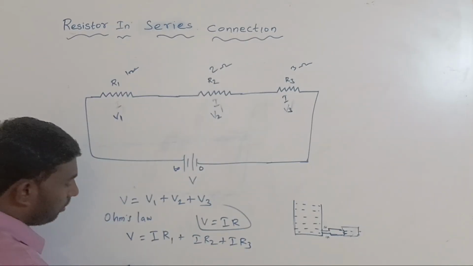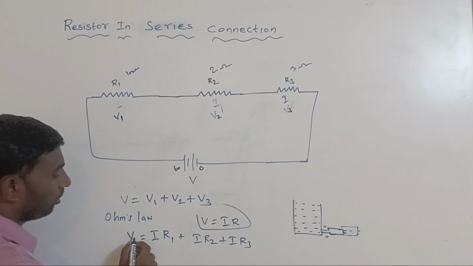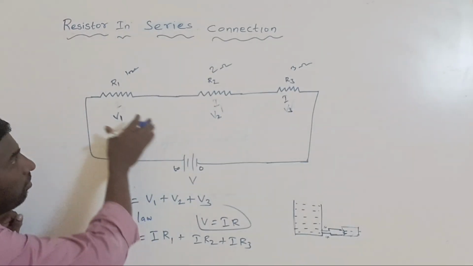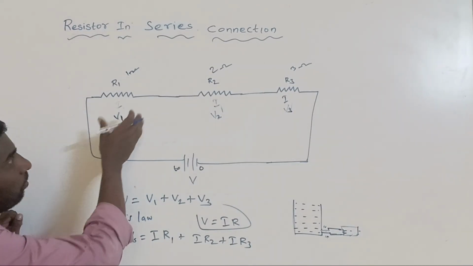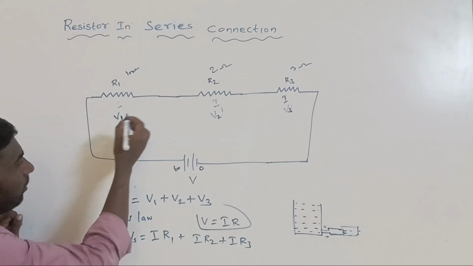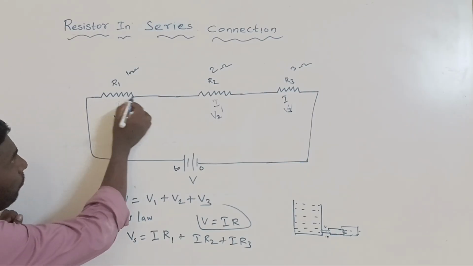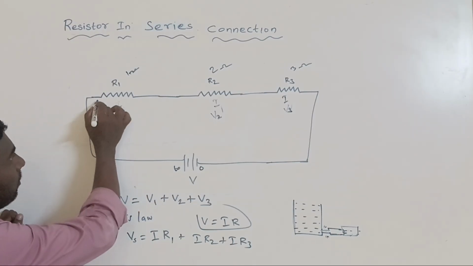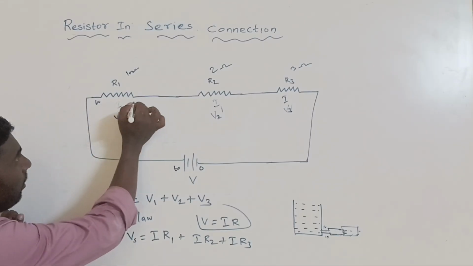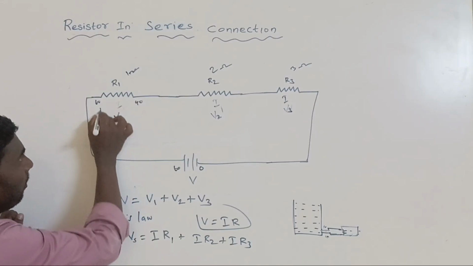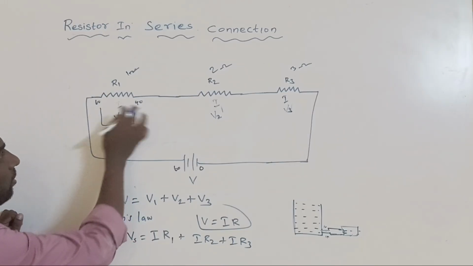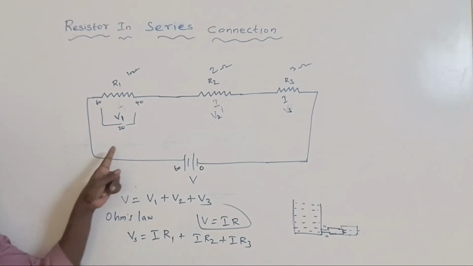Here V is the total voltage. How much total voltage? Suppose you consider between the two ends. Suppose here there are 60 charges and here 40 charges. The difference between the charges is 20, so here 20 volt.